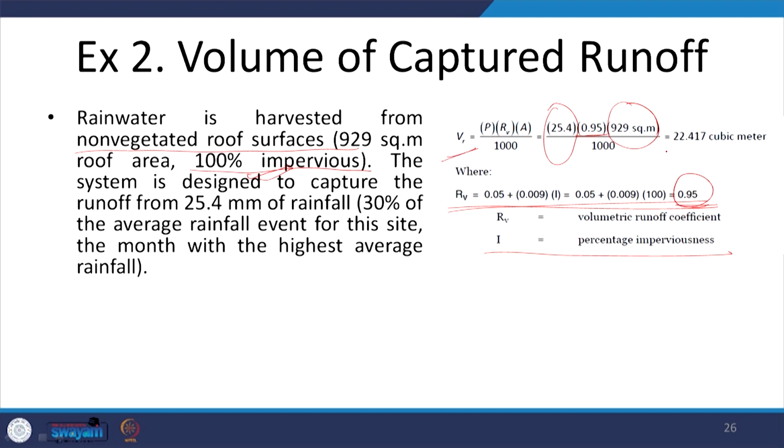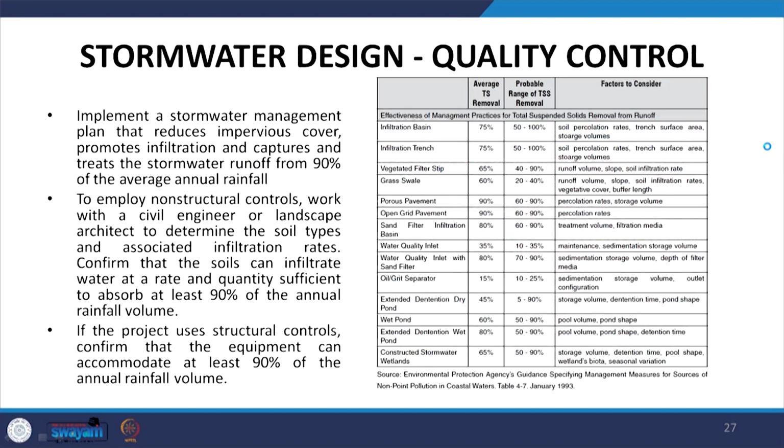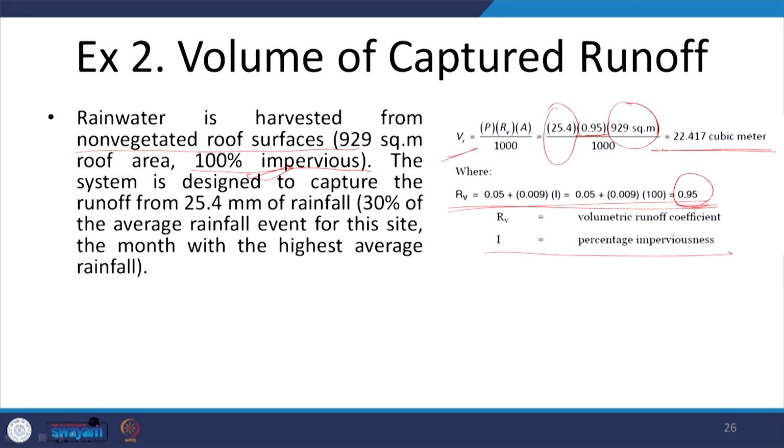And we calculate the total captured runoff. Now, for this volume of runoff, provisions have to be made to store it, to capture it. That is what it intends.